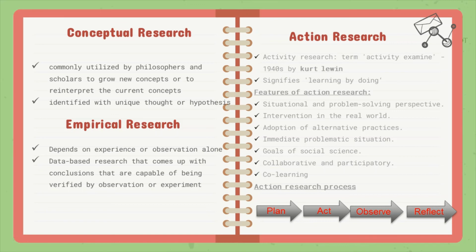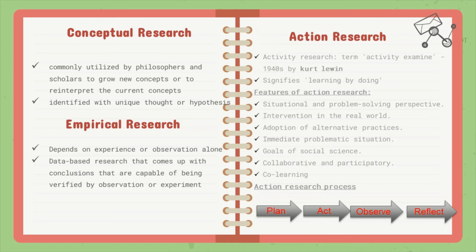They utilize common data with a new concept or with an existing concept. And the second is empirical research. In empirical research, the data depend mainly on daily observation of the data or analytics of the data, along with the experimental results we get from the lab.